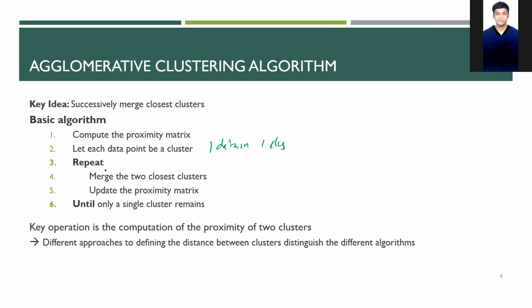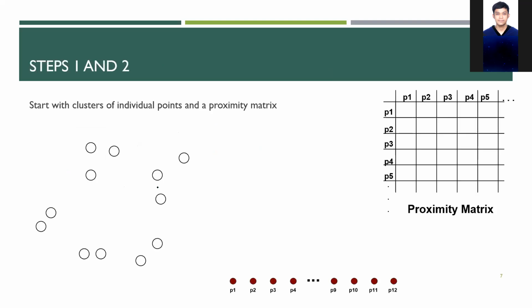Then we repeat this step: merge the two closest clusters, and then update the proximity matrix until only a single cluster remains.